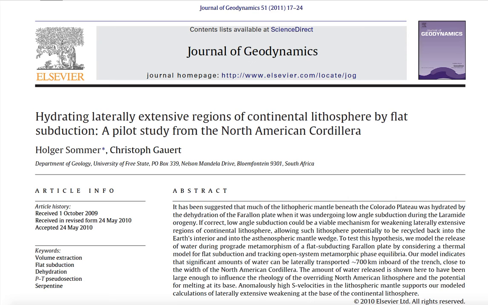Flat subduction is something very new in modern geoscience, because in former days people were always talking about subduction, but we can have a flat subduction and we can have a steep subduction. And there are significant differences between them.